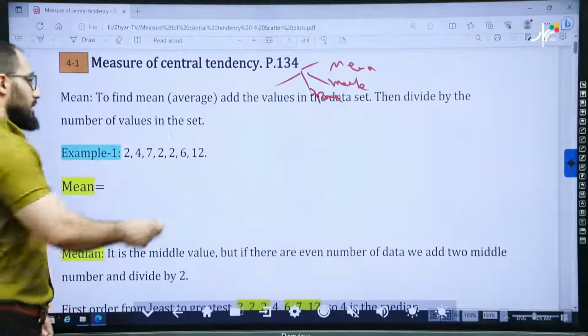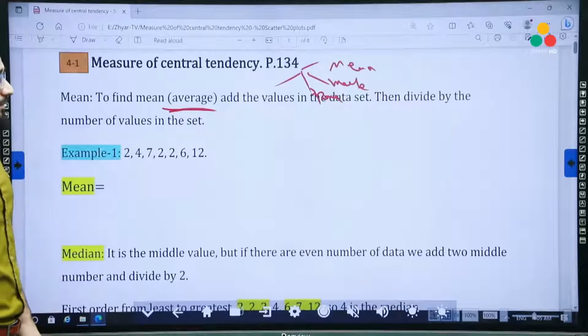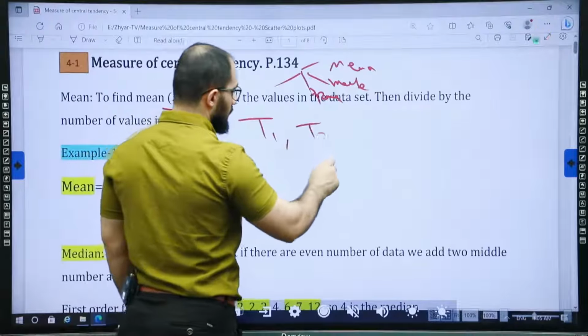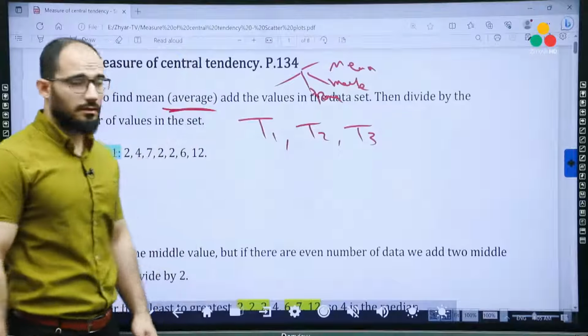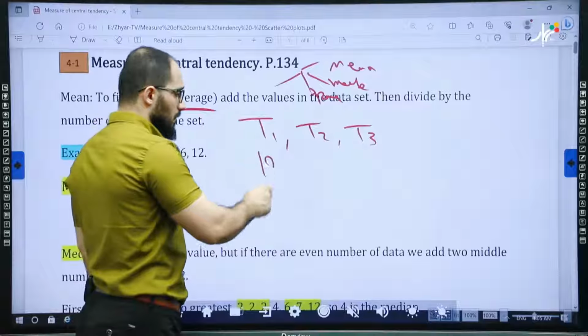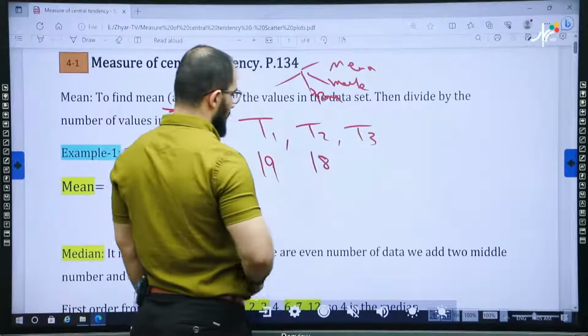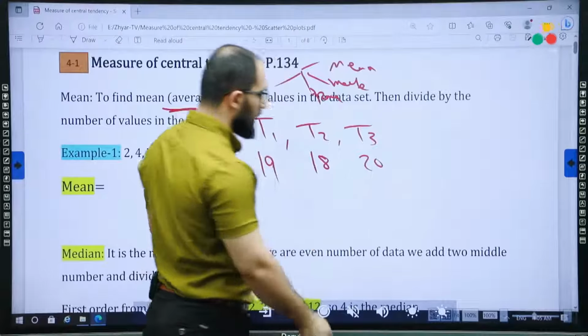So it is average. For example, let's say you have taken 3 tests. In the first one you got 19 out of 20, the second one you got 18, and in test 3 you got 20.